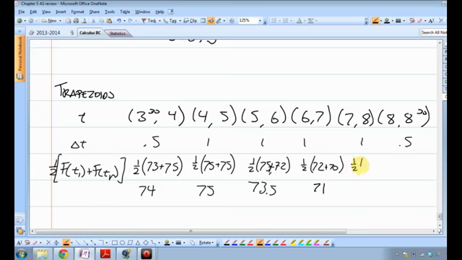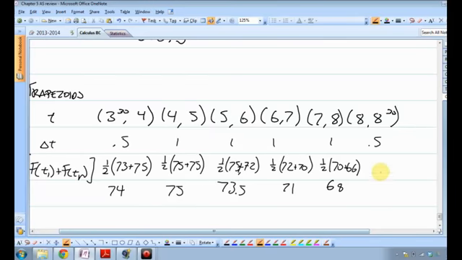This is 1/2 of 70 and 66, which is 68. And this last one is 1/2 of 66, that's 33.